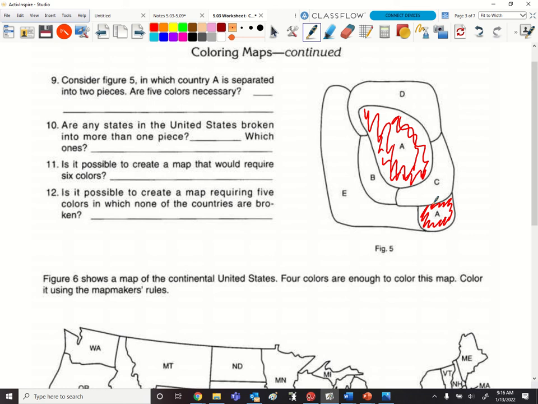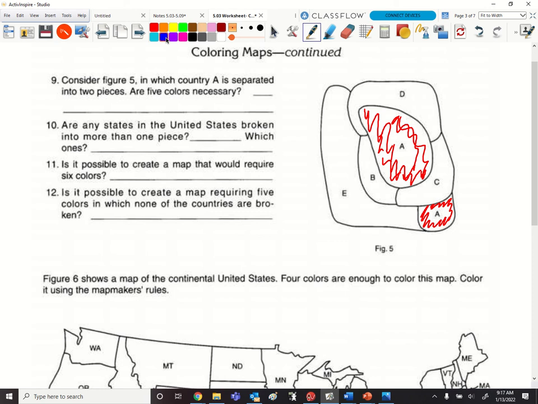So for the different colors that are needed, can I use red anymore? No. Good. So I'm going to pick another color right here. Let's see what I could use. Let's start off with, next one's going to be C. If you look at C, C is touching D, B, and E, isn't it? B is touching A. B is touching A, C, D, and E. So it's touching all those.